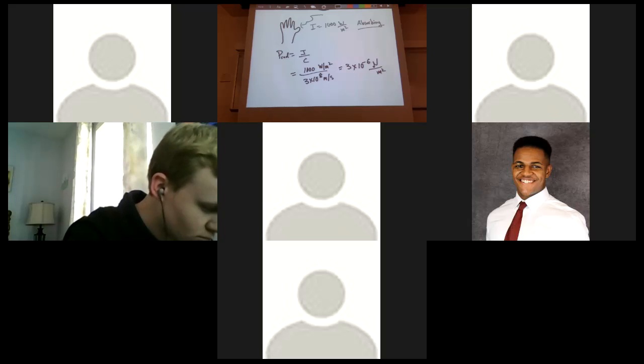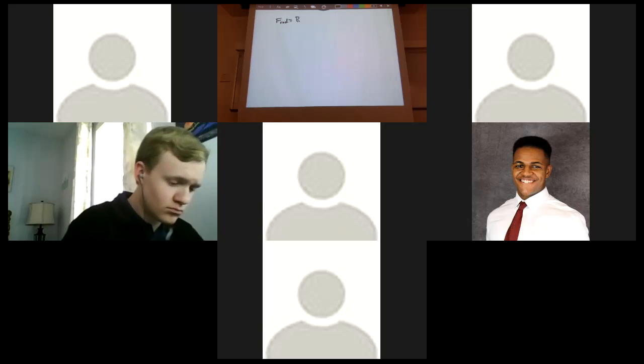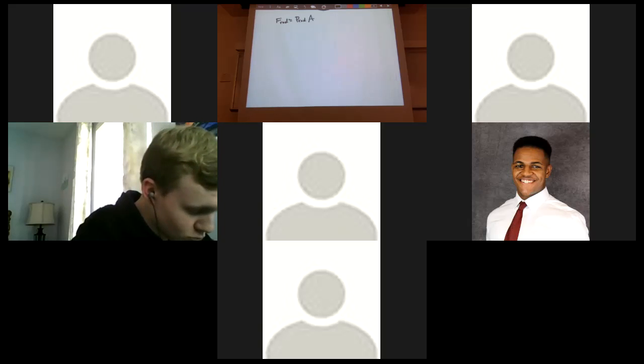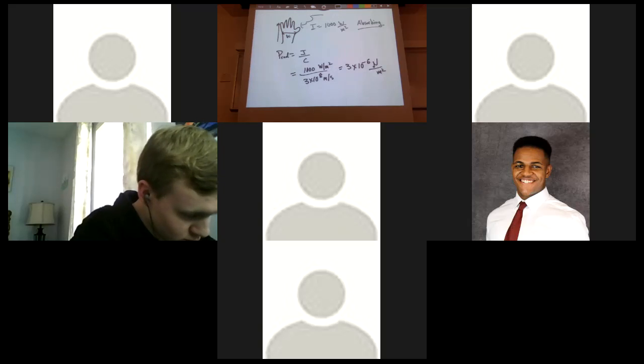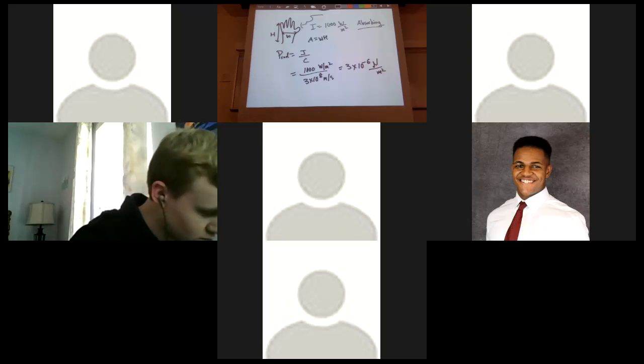Now, if I want to calculate the force, the radiation force is simply equal to the radiation pressure times the cross-sectional area. So now we just need to guesstimate the size of my hand. Let's guesstimate the width of my hand and then the height of my hand, so that the area is just the width times the height.